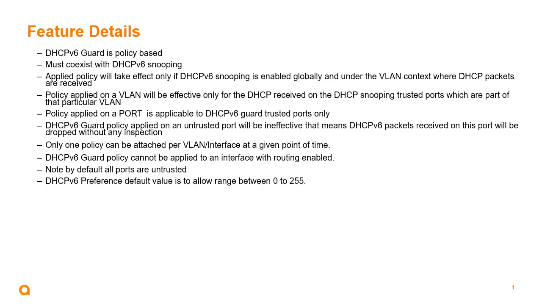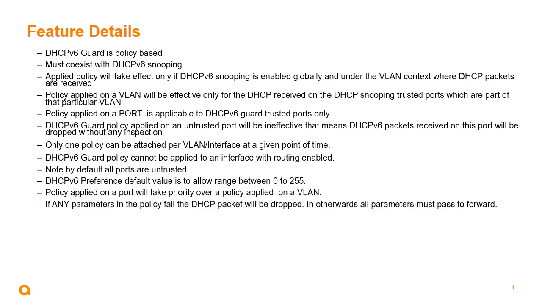The DHCPv6 preference default value is to allow a range of between 0 and 255. Policies applied on a port will take priority over policies applied on a VLAN. If any parameters in the policy fail, DHCP packets will be dropped. In other words, all parameters in a policy must pass to enable the forwarding of packets.